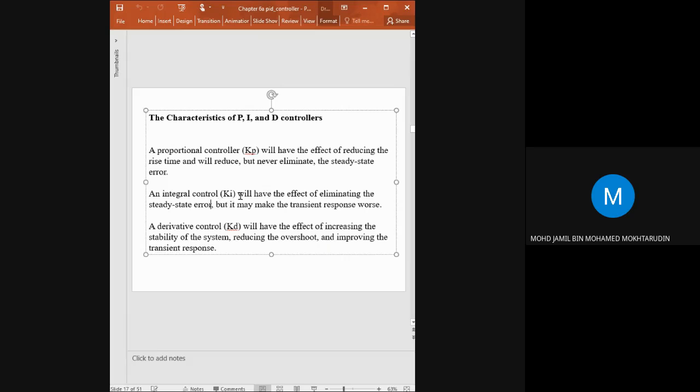Okay. And lastly, if you use derivative controller, then it will have the effect of increasing the stability, reduce the overshoot, and improve the transient response. But derivative controller will not eliminate the steady state error, same as proportional controller.